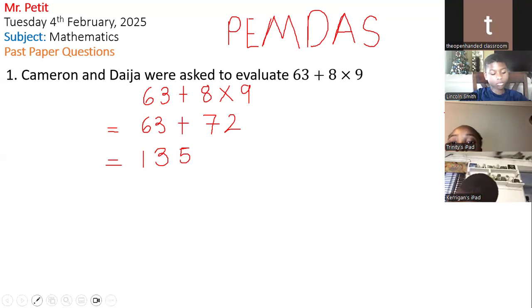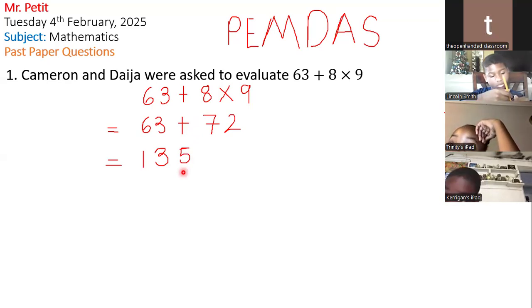There's no way you're paying attention, because every time I do an example, you say I don't understand. That doesn't make sense. You have to pay attention, Trinity. You understand me? Yes, sir. All we literally did was multiply and add. So explain to me how I got 135.